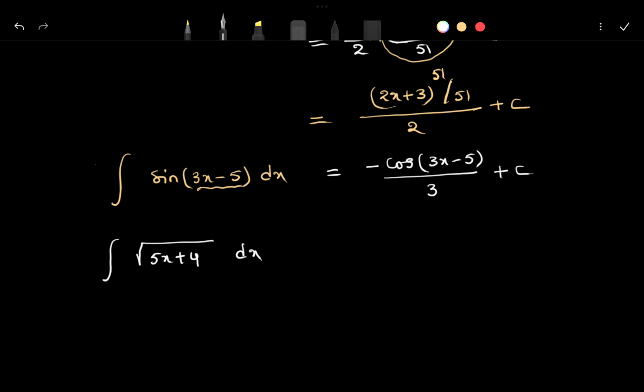See, here we assume 5x plus 4 as x. Now what is the integration of root x?